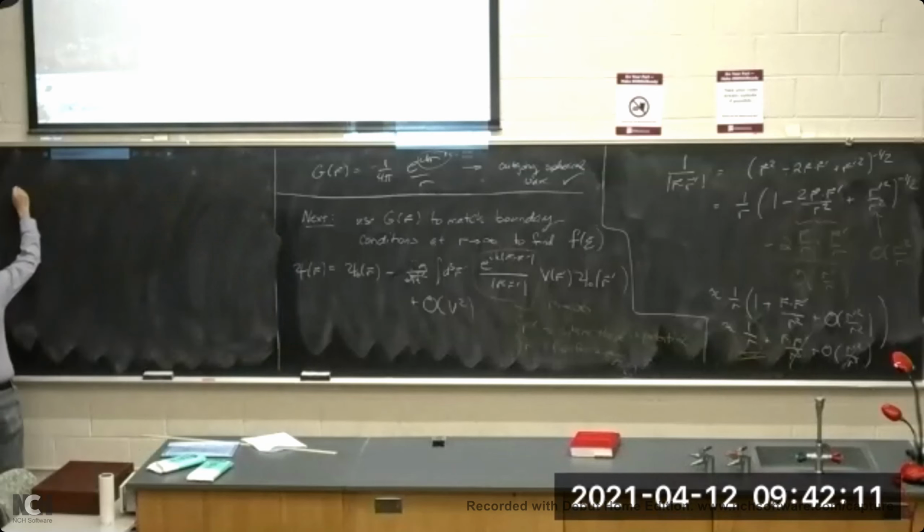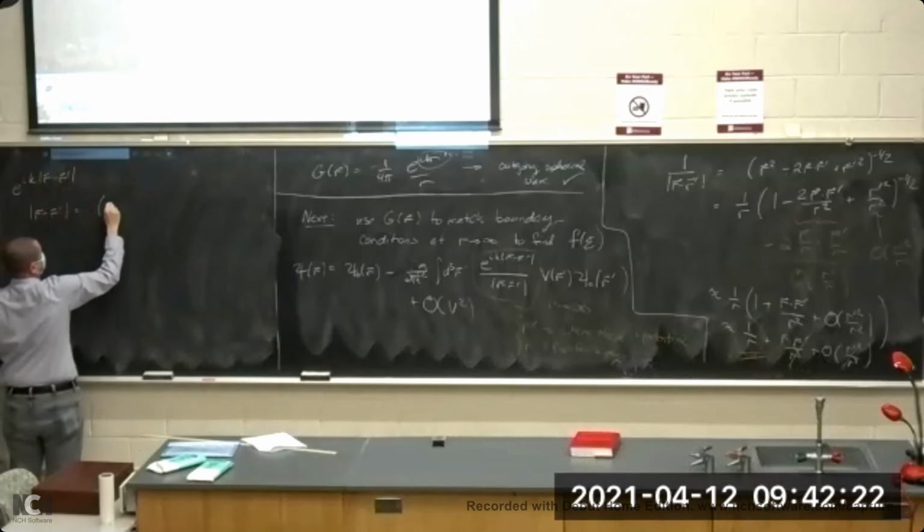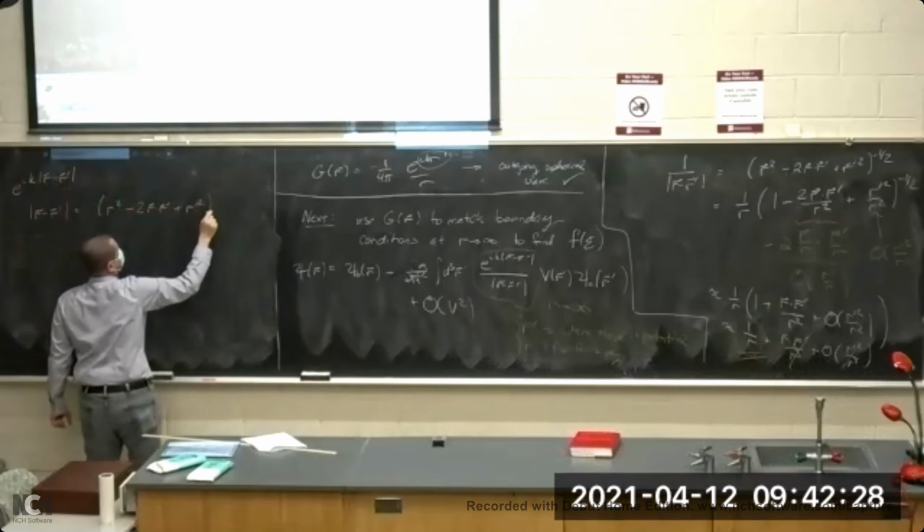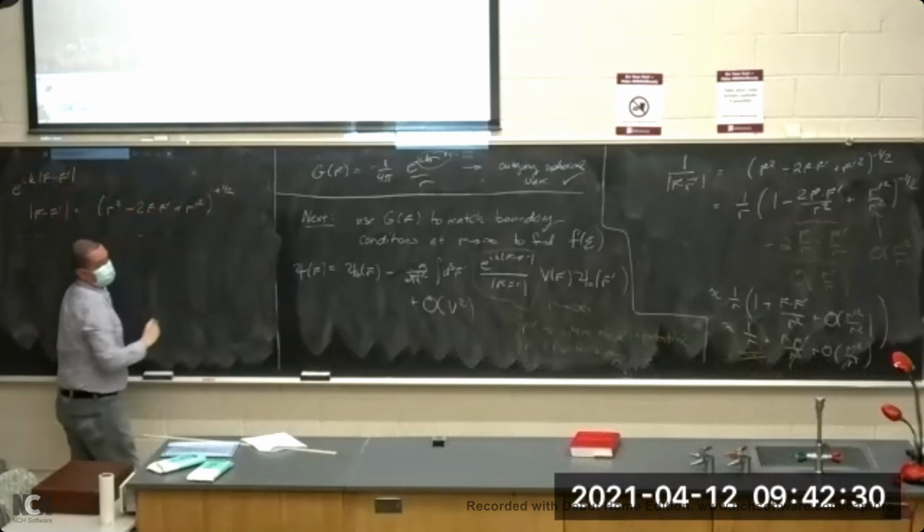So in the exponent, we have e to the i k times R minus R prime. Now we'll do a similar exercise here. R minus R prime is equal to R squared minus 2 R dot R prime plus R prime squared, to the positive 1/2 now.